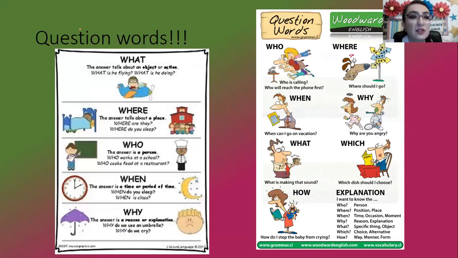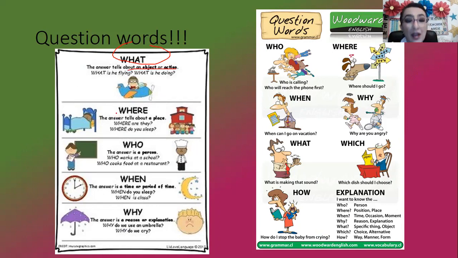Well, remember that we were also talking about the question words. These are the universal questions that we use in order to ask for more information about anything. What: the answer tells about an object or an action.